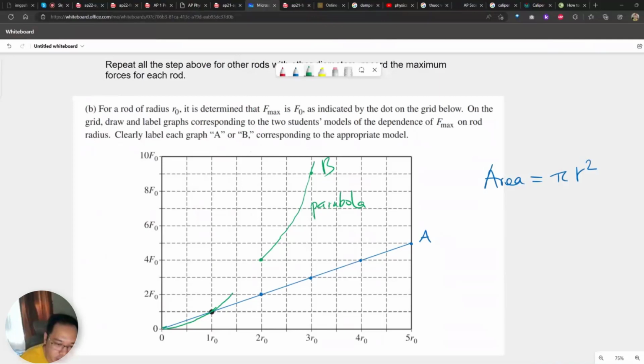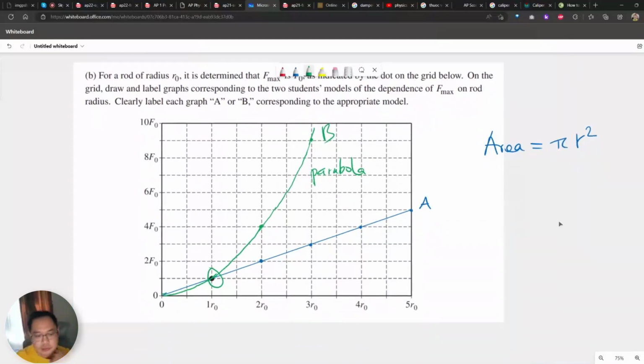This point is very important, the intersection point.